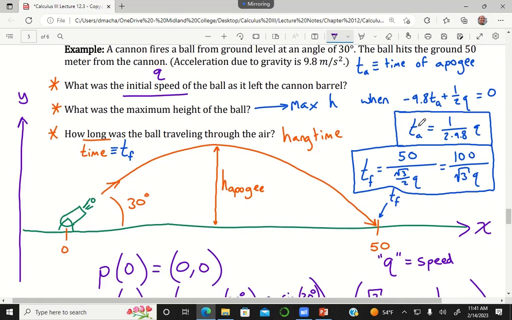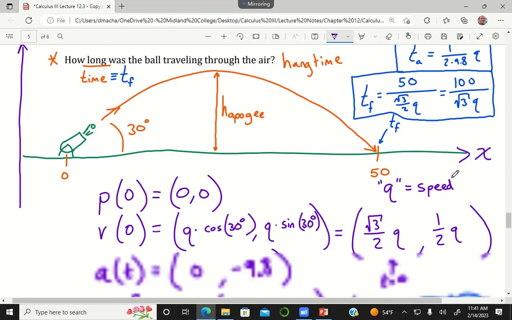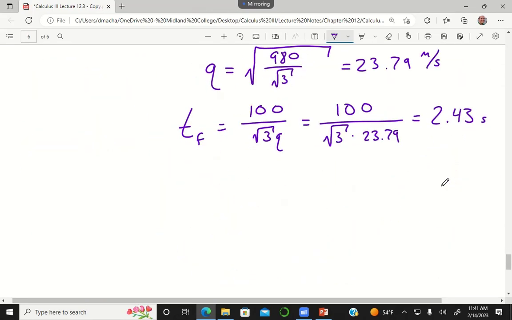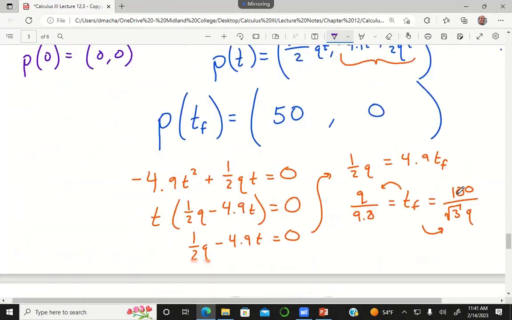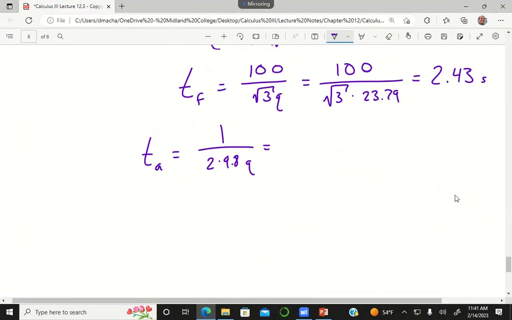So the time at the apogee should be 1 over 2 times 9.8 q. Wait, it was 1 over 2 times 9.8 times q, right? No, times q at the end, not in the denominator.